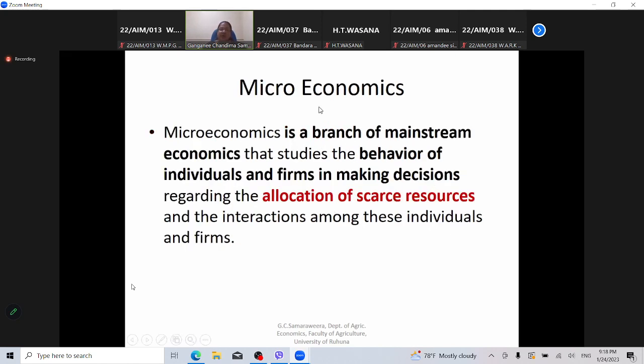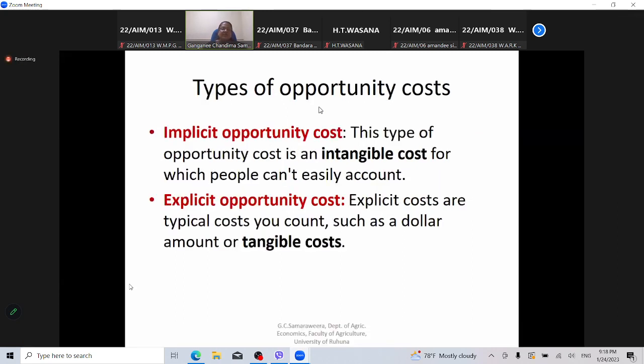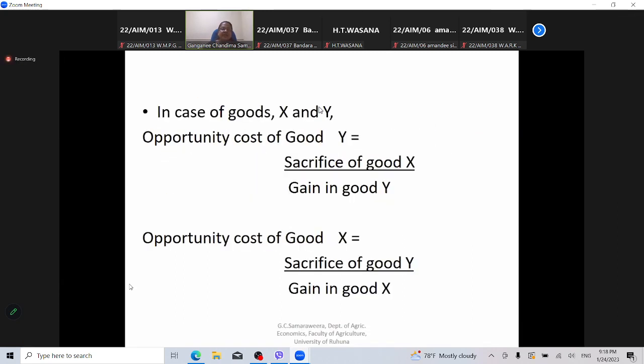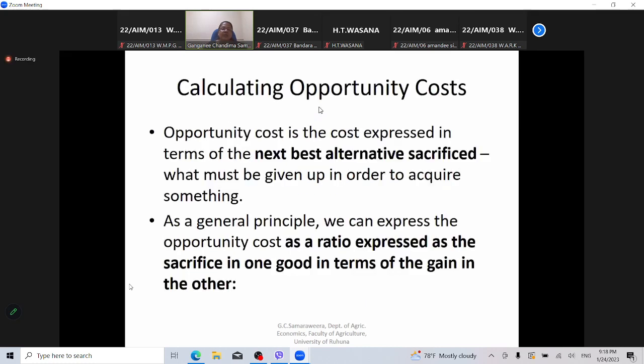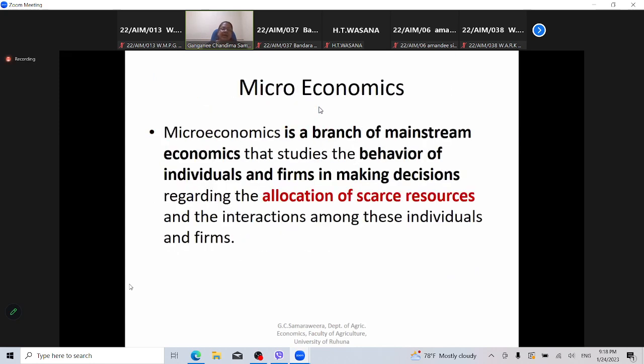Now moving to microeconomics, because here we discuss the opportunity costs, we discuss how to take decisions. Then we move to microeconomics, because microeconomics is a branch of economics that studies the behavior of individuals and firms in making decisions.